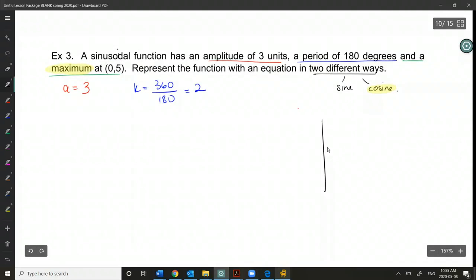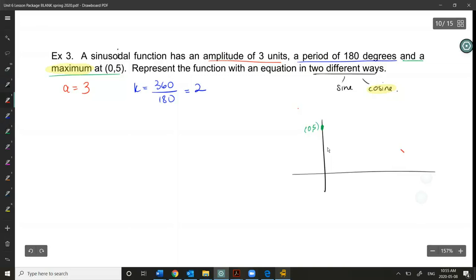So if it helps you, you can draw a bit of a picture here. We have a maximum up here at the point 0.5. And the amplitude is 3. The amplitude tells us how far we need to count down to get to the midline, and if we count down even further than that, we'll hit the minimum.